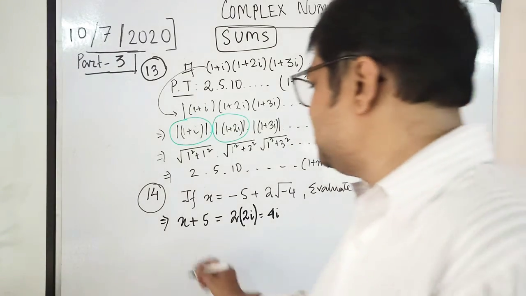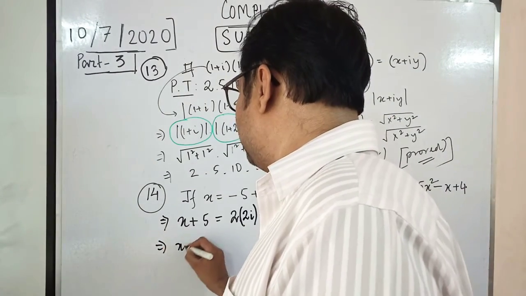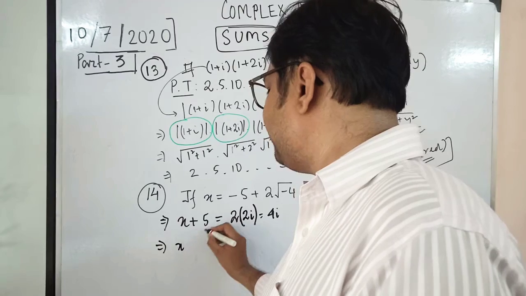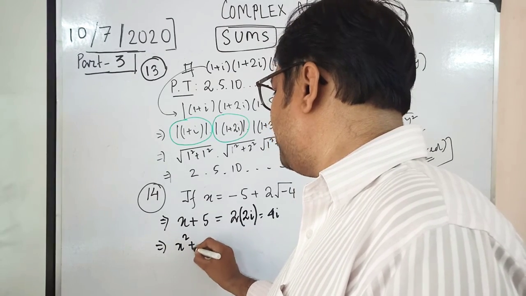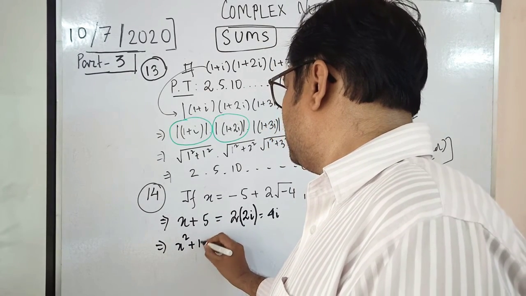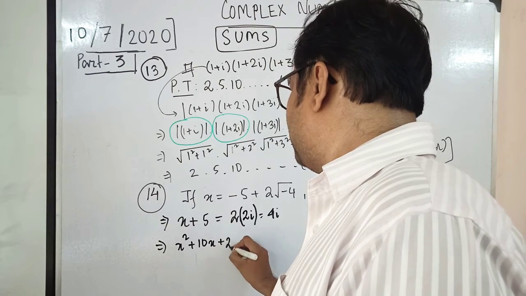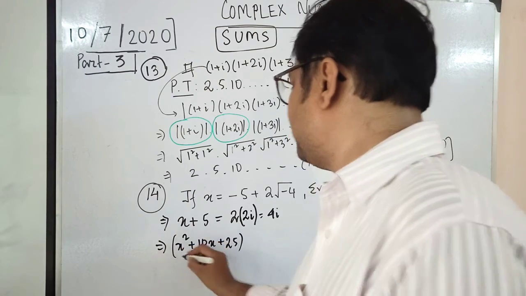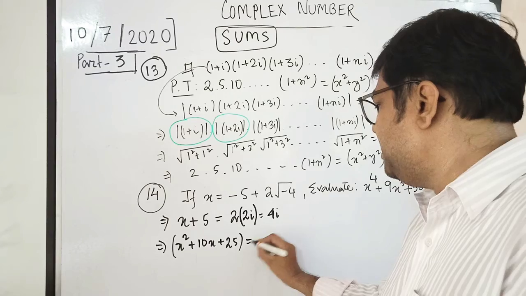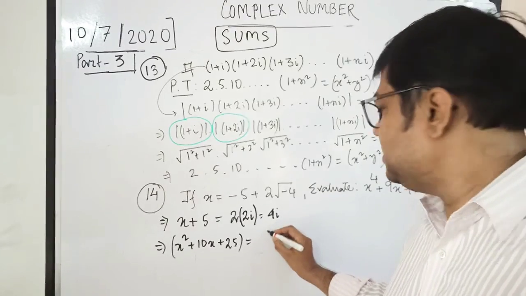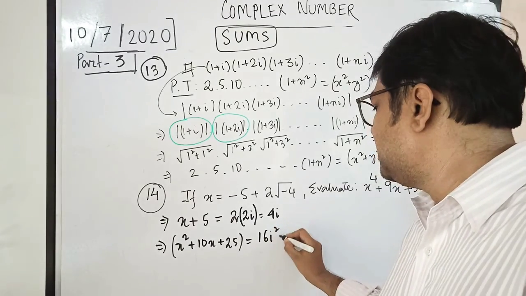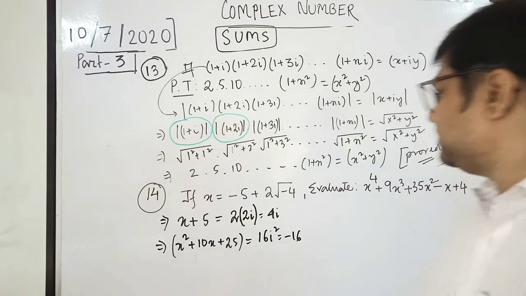Okay, so if I square it down, I get x plus 5 whole square, which is x square plus 10x plus 25. So that will be 4i whole square, that means 16i square, which is minus 16.